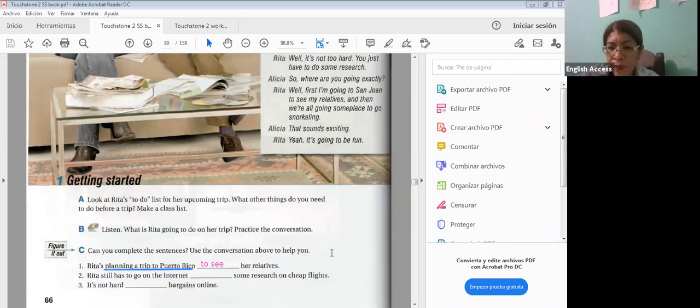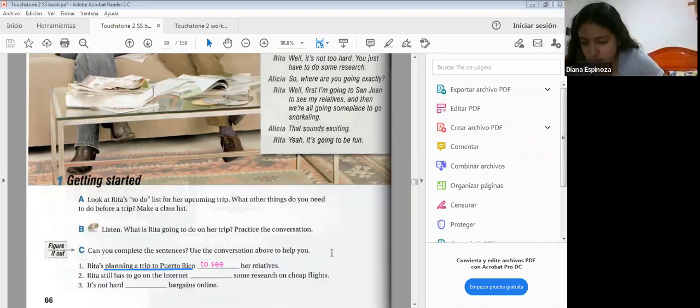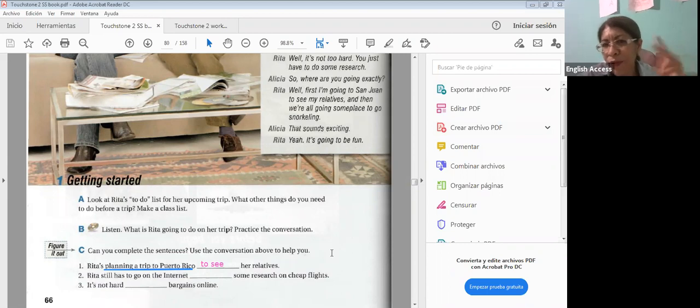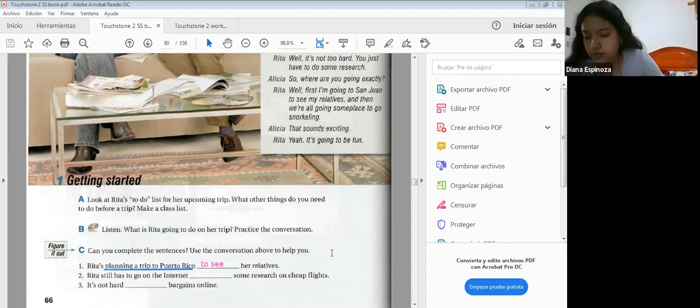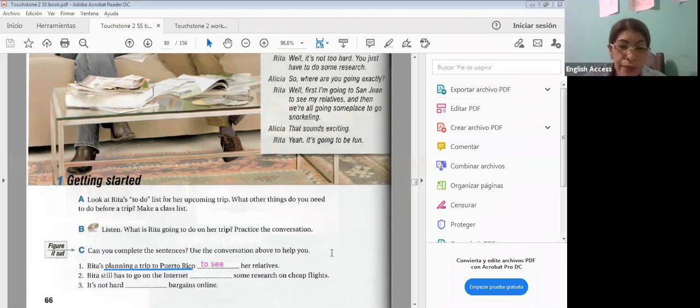What is the correct word? I mean the correct verb. To find is not correct. There is another word. Look, it's on the second line. Rita still has to go on the internet.